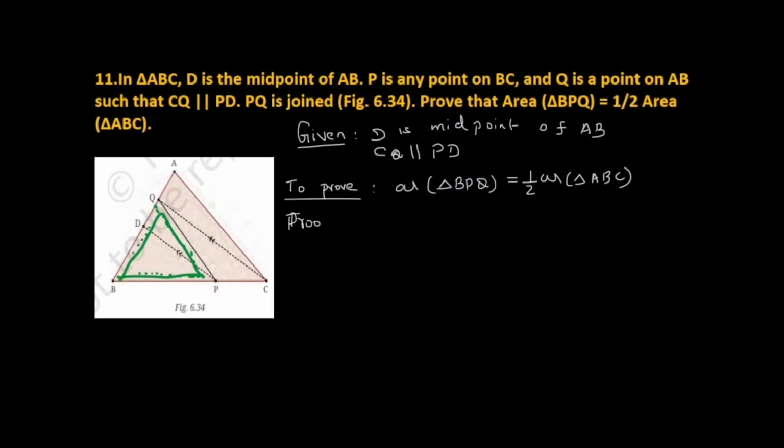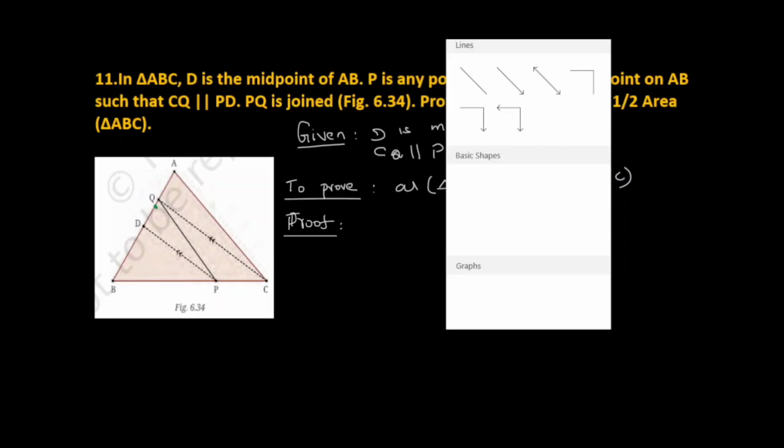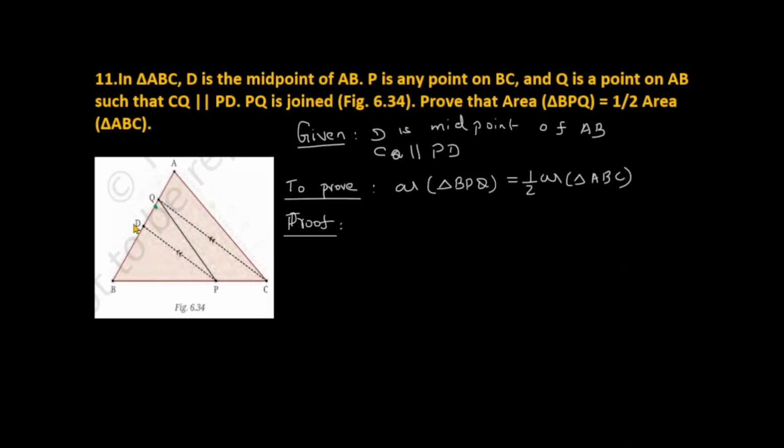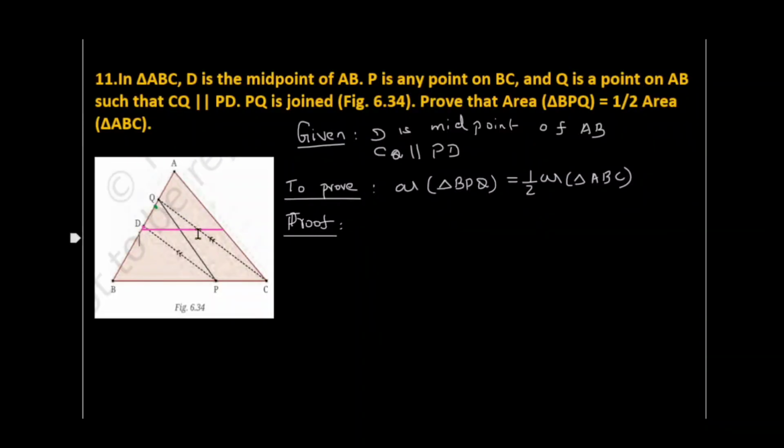For the proof, first we are going to join D and C. From D to C, if I am drawing a line, this is the median of the triangle ABC because D is the midpoint.